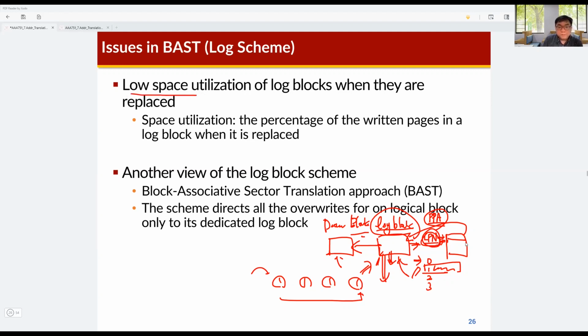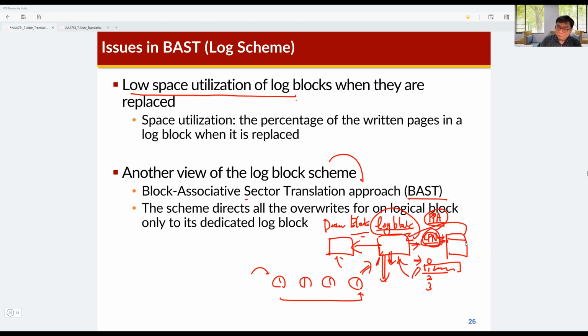Okay. So that means the entire pages in log blocks are not utilized, but this log block is replaced by a new log block. The authors of this first paper presented this log block scheme as the block associated sector translation approach. It's called the BAST.